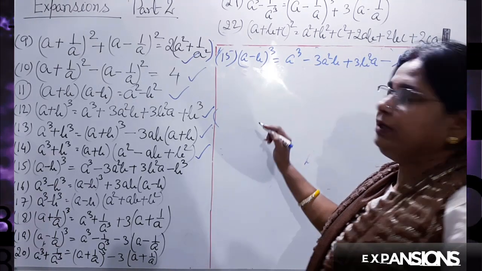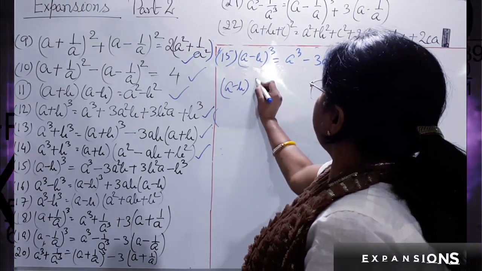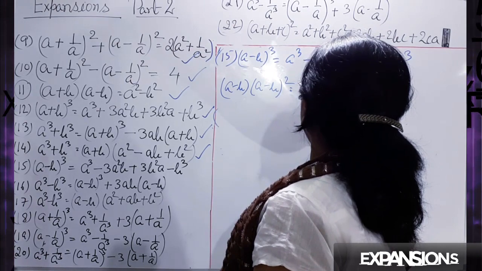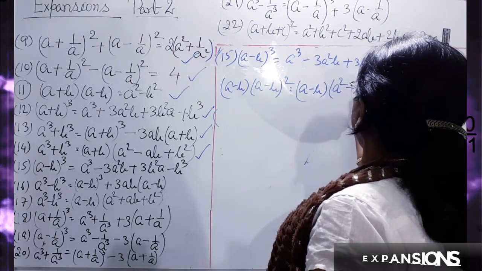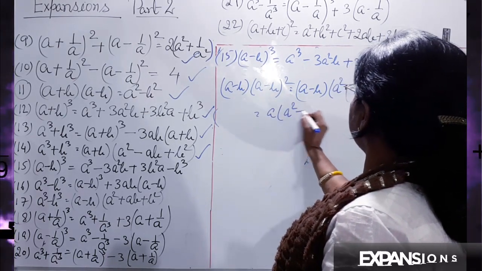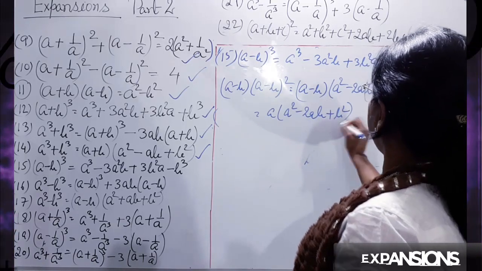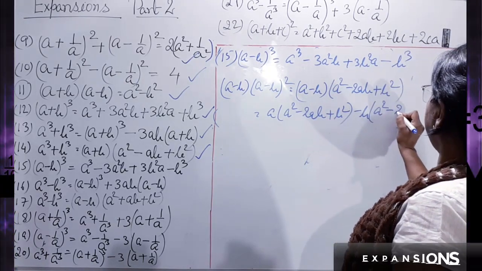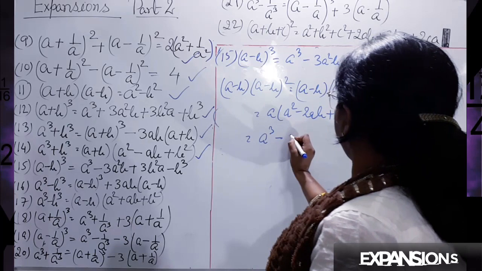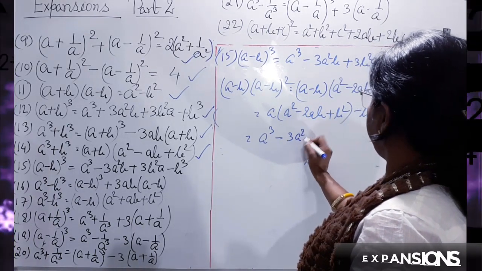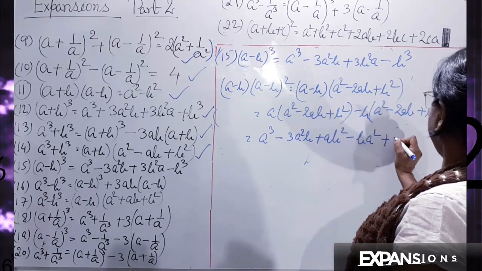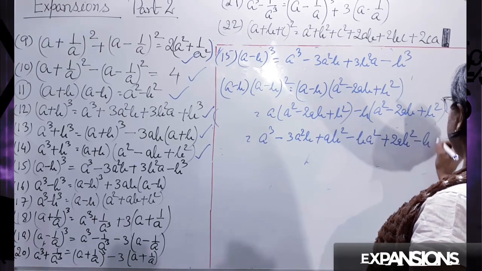Let's check. By multiplication it is a minus b into a minus b whole square is equal a minus b into a square minus 2ab plus b square is equal a into a square minus 2ab plus b square minus b into a square minus 2ab plus b square is equal a cube minus 3a square b plus ab square minus ba square plus 2ab square minus b cube.